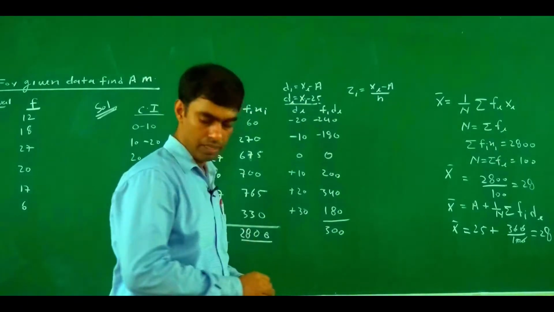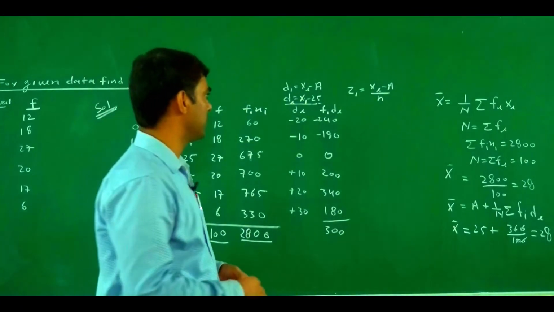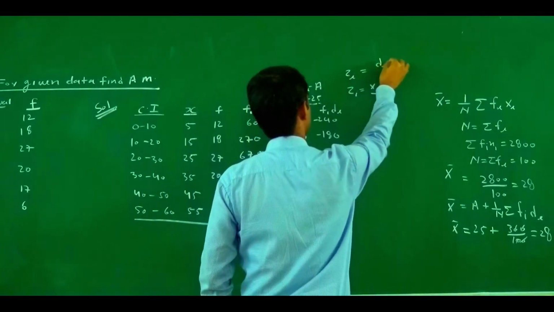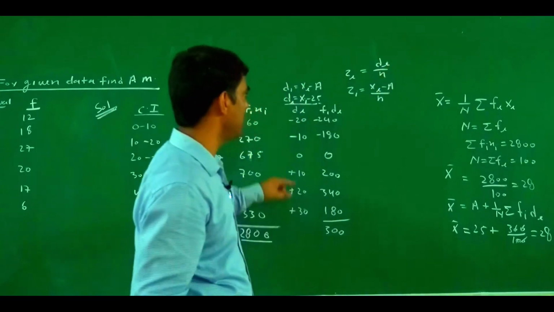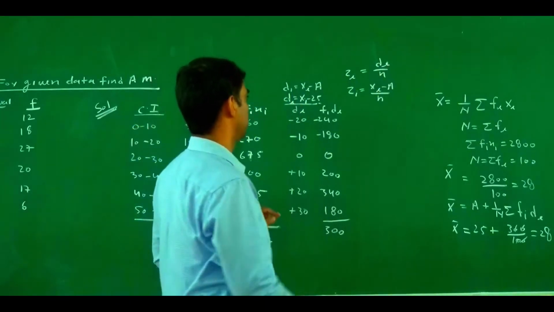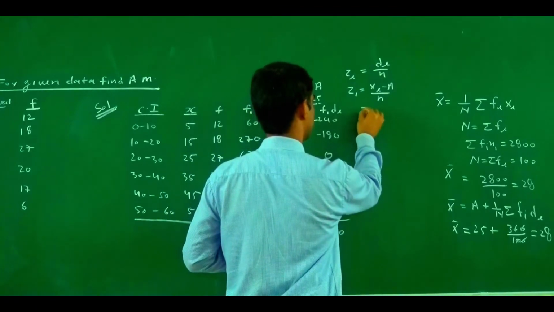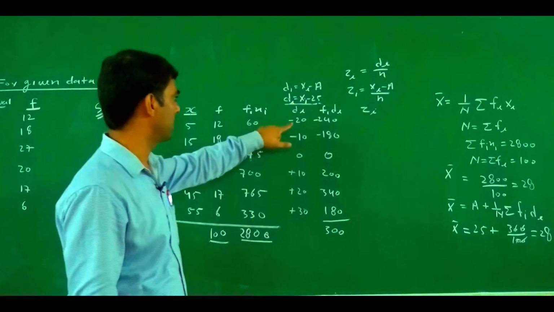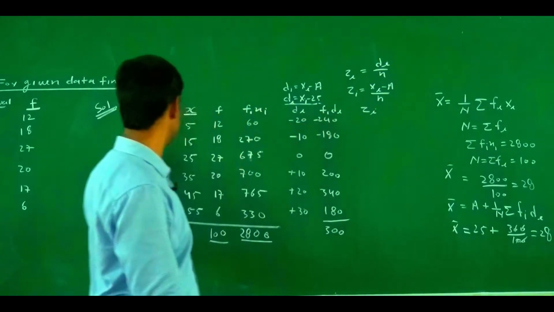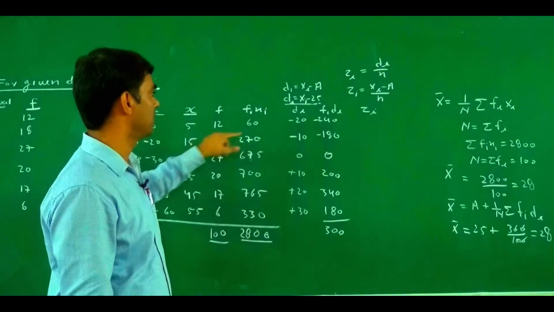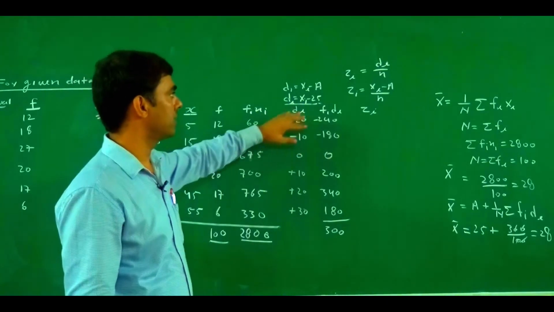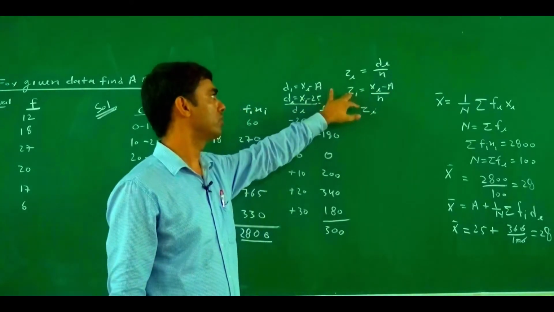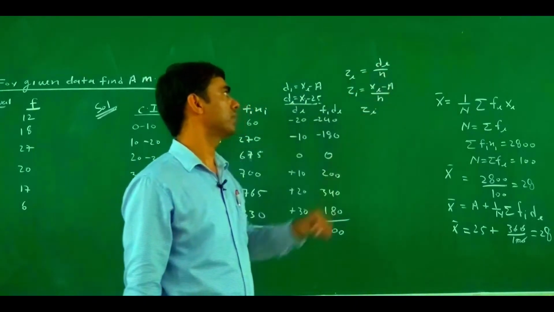So if we write it this way, zi equals di upon h, where h is 10. So if we divide di by 10, then we are able to find the value of zi, because we already found the value of xi minus a, and we denoted xi minus a by di.